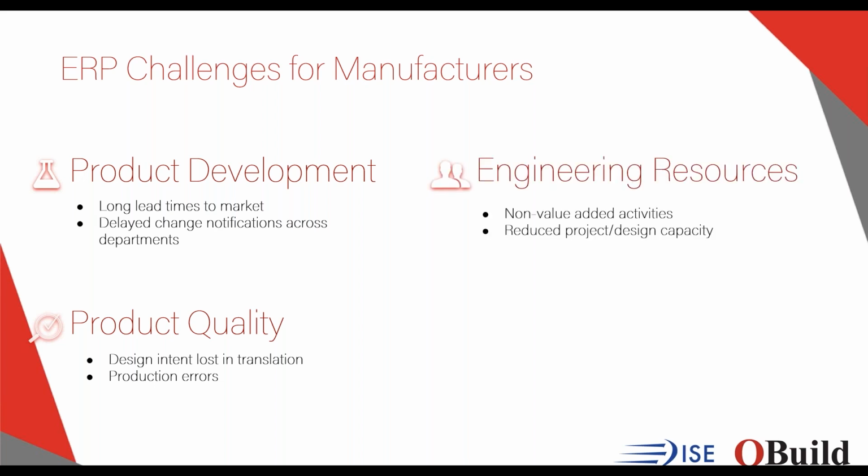Another big one is engineering resources. Without a solution like CADLink in place, a lot of these companies are sinking a lot of time into their engineering to get this data into Infor XA.